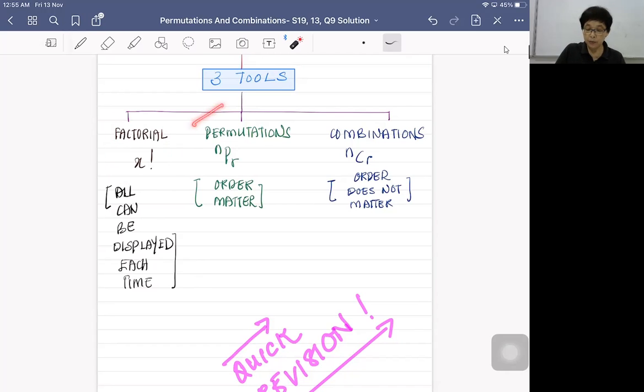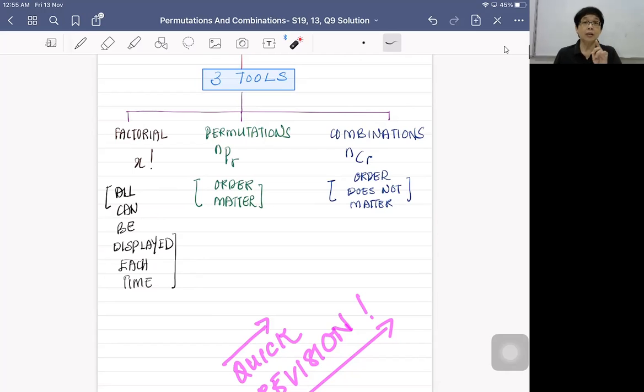On the other hand, for permutation and combination, you are not that free to choose. For both of them, you are given n number of items, for example, n is 7. Out of the 7 items, you do not have the freedom to pick all 7 at each choice.